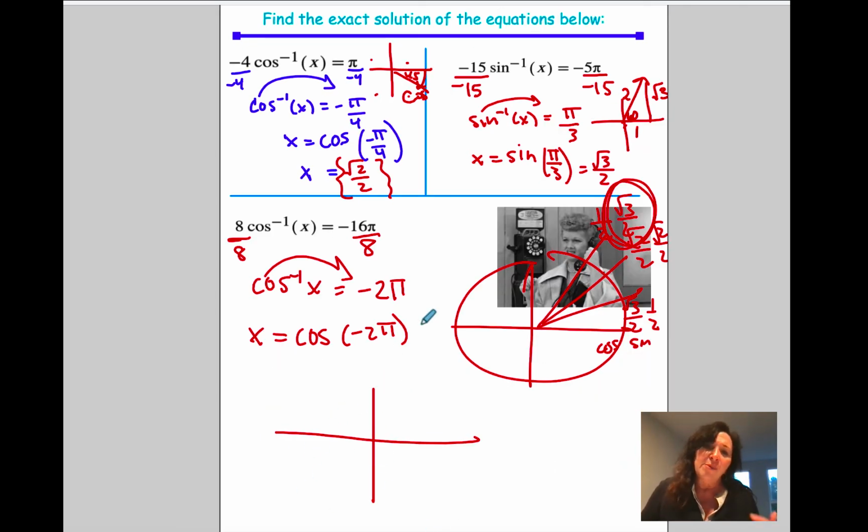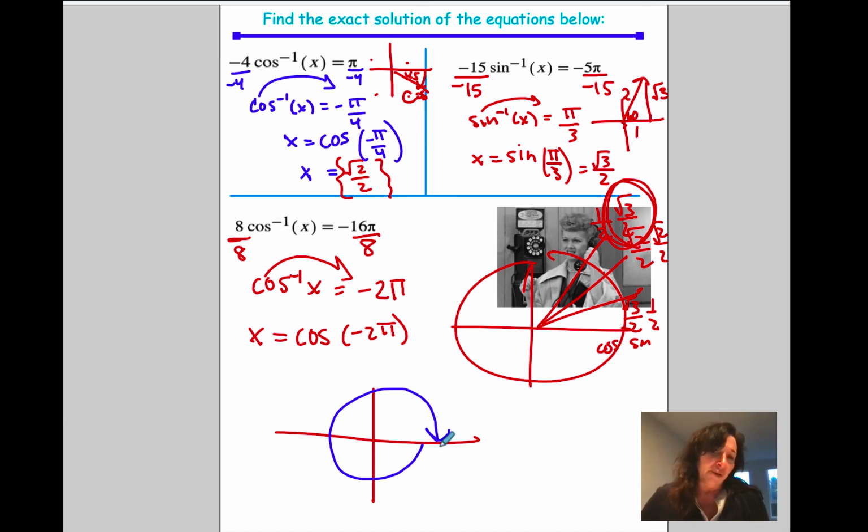Well, -2 pi is going to give me the same value as positive 2 pi because I'm going all the way around the circle and ending in the same place. But when you're drawing your triangle or showing your work, you definitely want to show this kind of thing because that's showing me that you know that you went down and came back around.